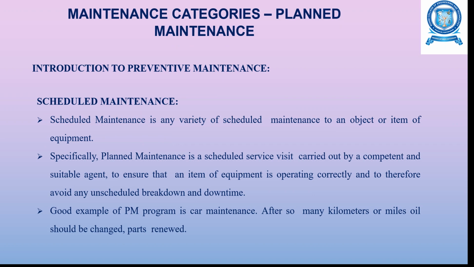And scheduled maintenance is a type of maintenance carried out with a proper schedule on an object, item, or equipment. So planned maintenance is a scheduled service visit carried out by a competent or suitable agent, so as to ensure an item, equipment, or system is operating correctly, in order to avoid breakdown and unscheduled downtime.